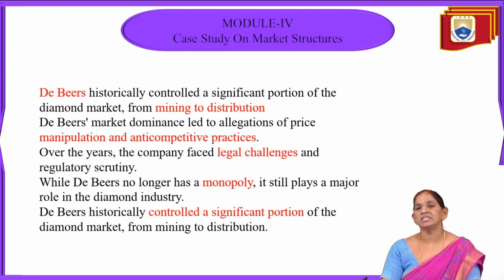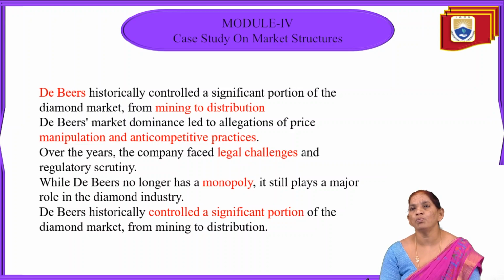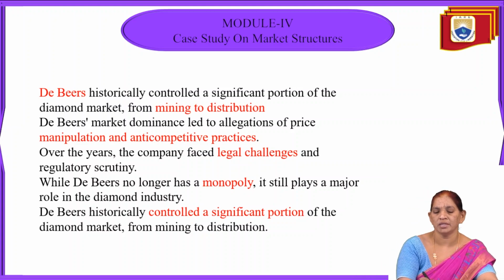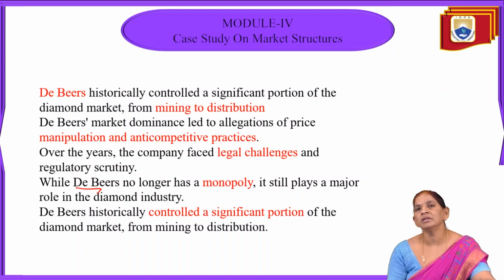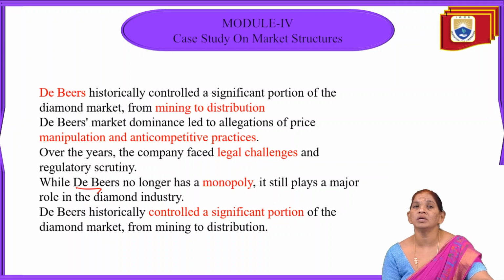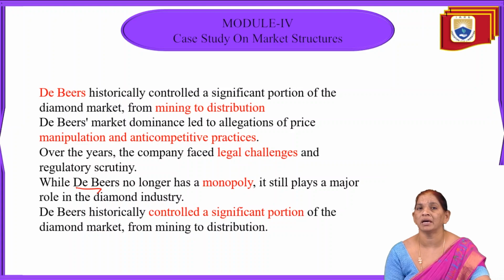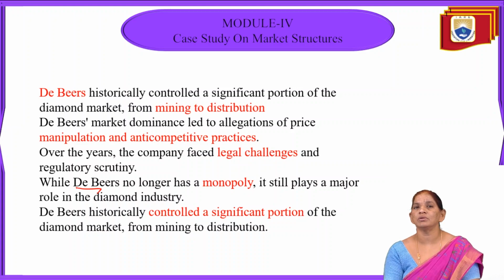As we know, it started as a monopoly and it still plays a major role in the diamond industry. De Beers has long stood in the market as a monopoly company involved in diamond mining, marketing and the distribution network, and historically it controlled the total market in a monopoly manner, like a single producer or single distributor in the market.